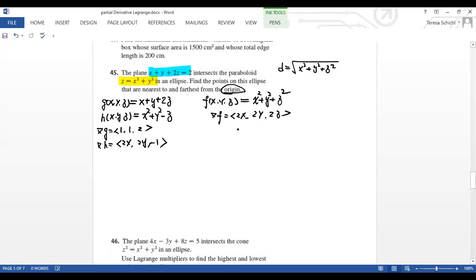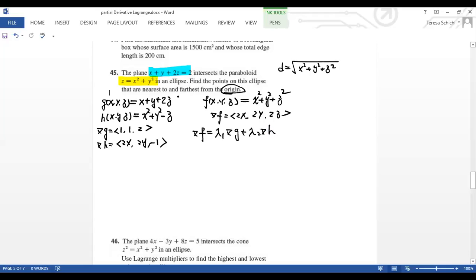Because I have two constraints, del f is equal to lambda 1 del g plus lambda 2 del h.